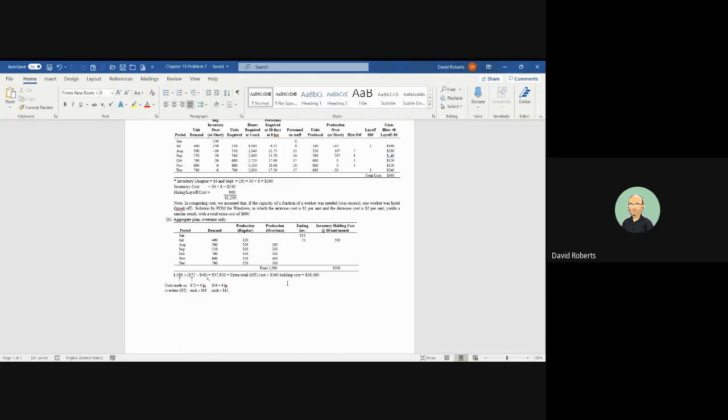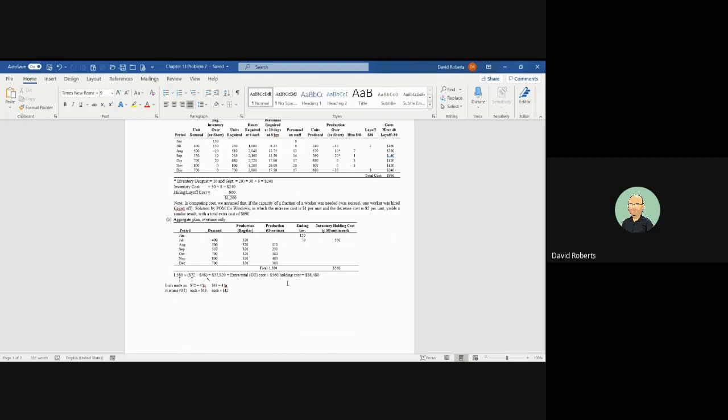The holding costs are $8 per unit. 70 times 8 is 560. And after this month, you have no inventory left over, so we don't have to worry about that. So it reduces our inventory costs, or holding costs for inventory in particular.